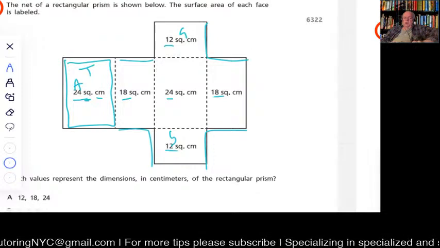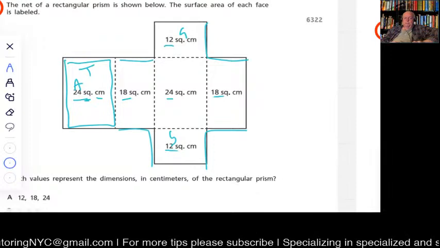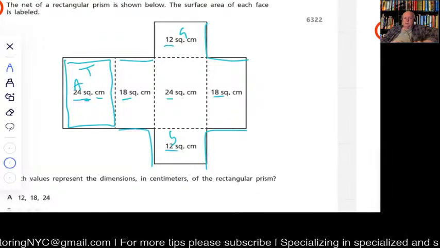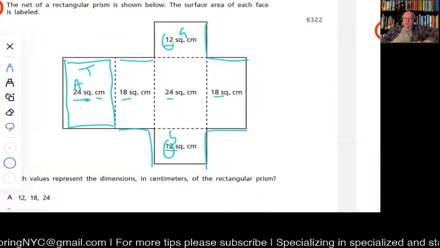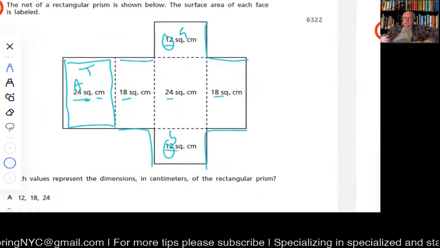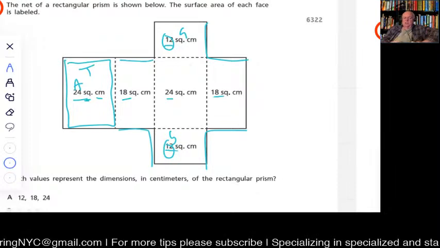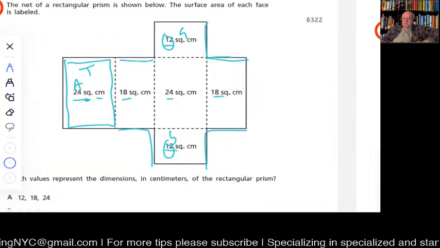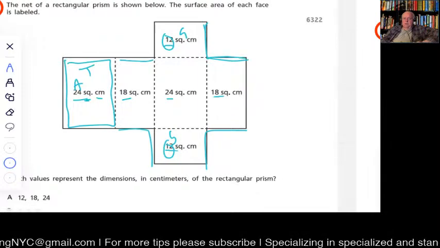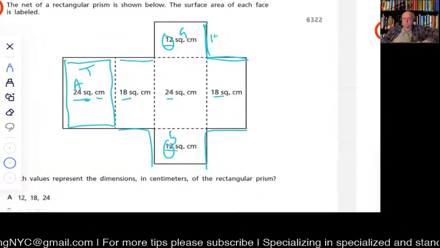We don't know why they're giving us these numbers, but we can notice patterns that the 12 here is the same as the 12 here. So when we fold it, the lengths of the little short sides on the sides are going to be the same. If this is the one side here that's 18, then this over here is also going to be 18. Oh, wait, sorry.